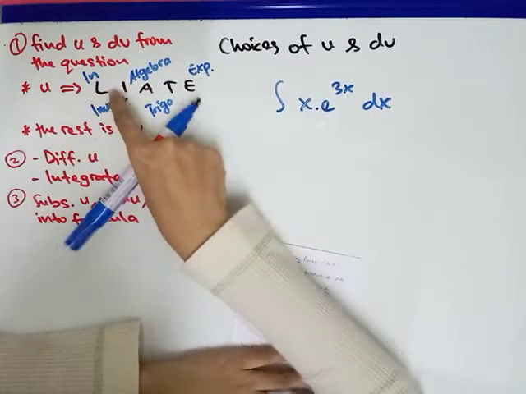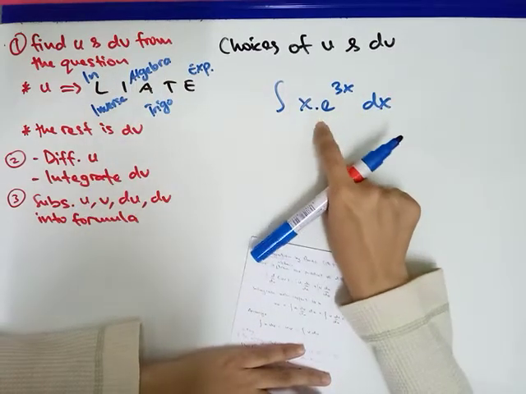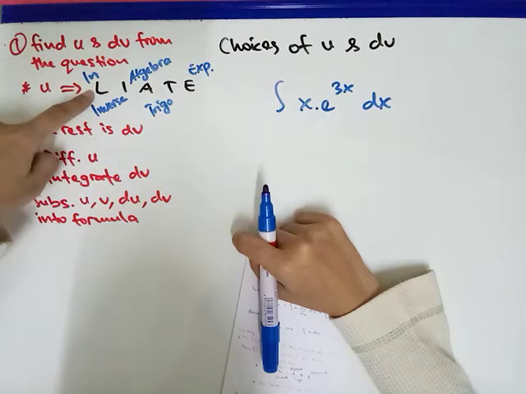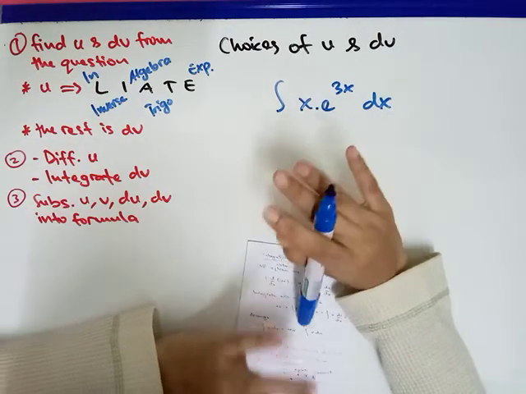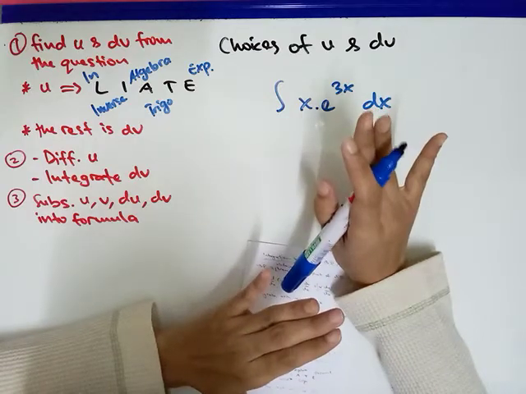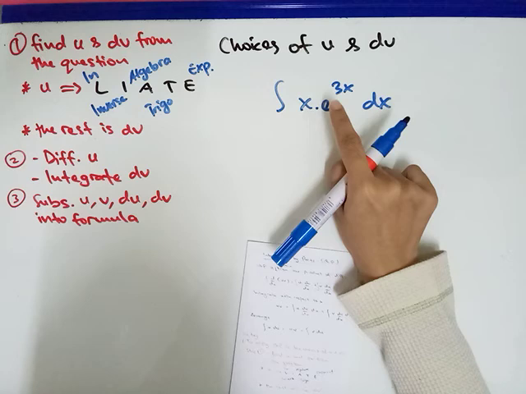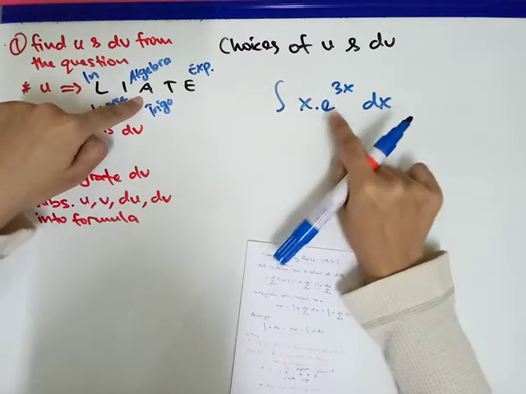The first one, dalam soalan ni, bila awak jumpa ln? Ada tak dalam soalan ni ln? Tak ada kan? So no need to focus. And then I, inverse. Ada tak inverse? No. A is algebra. Ada tak soalan ni algebra?